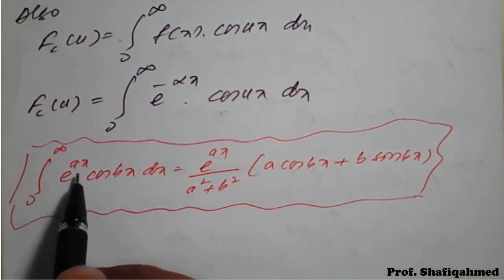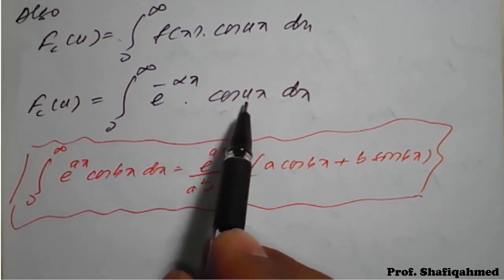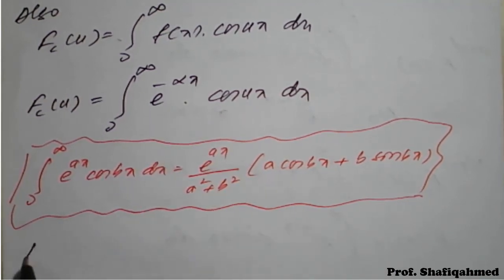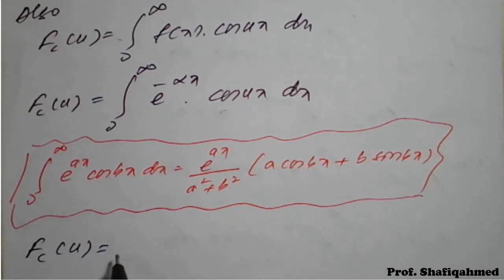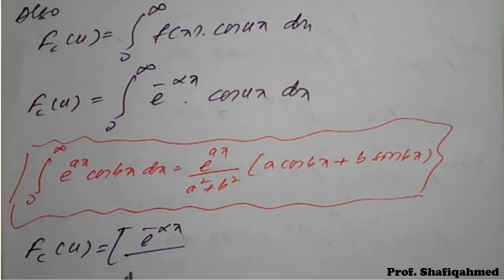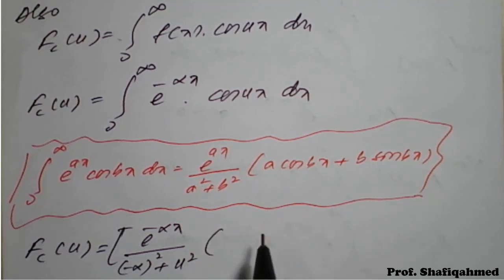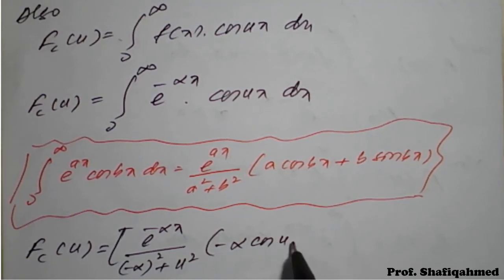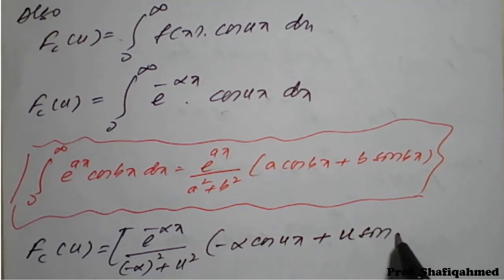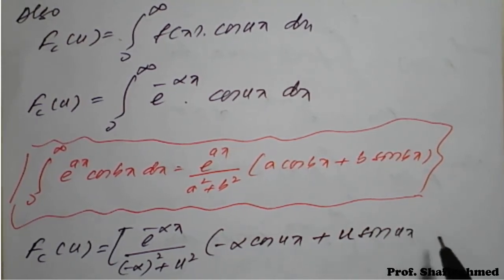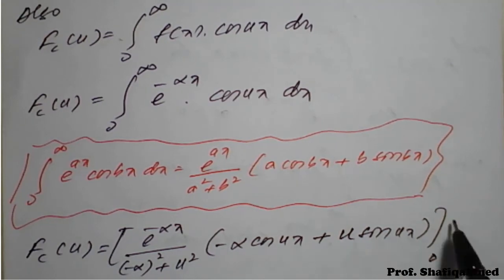Again the value of a is minus alpha and the value of b is u. So therefore fc of u is equal to bracket e raised to minus alpha x divided by minus alpha square plus u square into a value minus alpha into cos of ux plus b value u into sine of ux, close the limit with 0 to infinity.